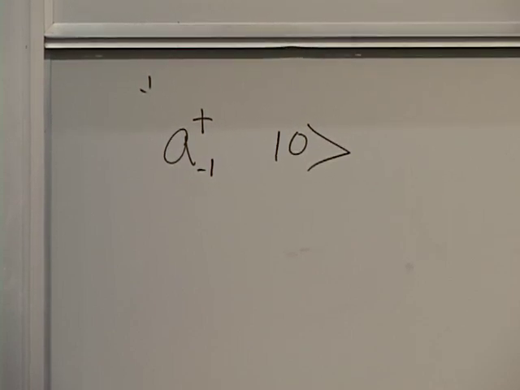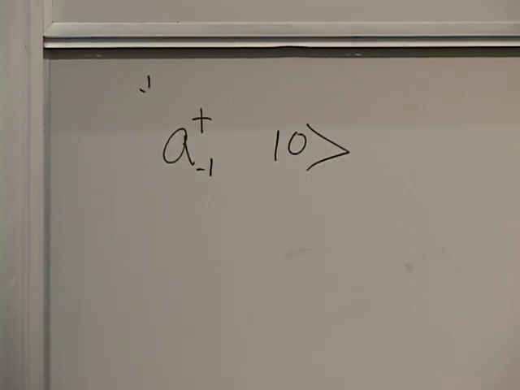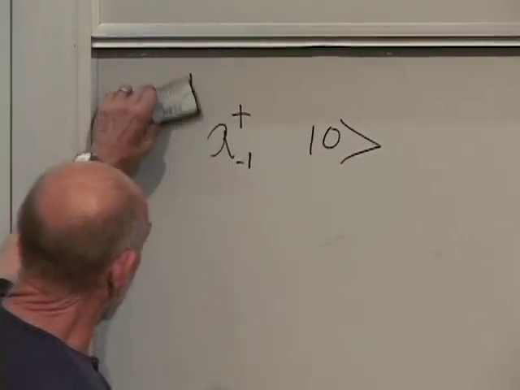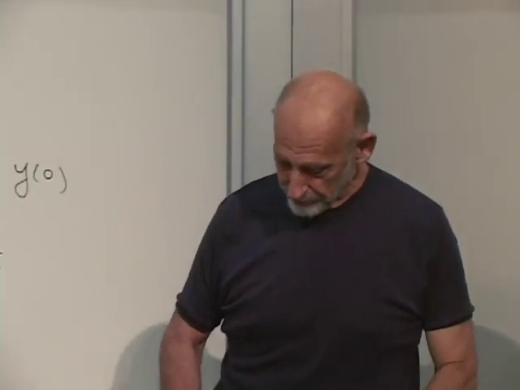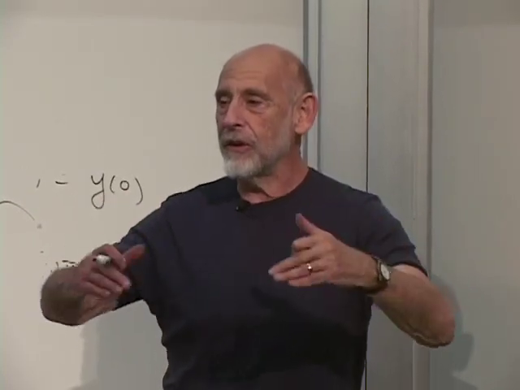Doesn't satisfy the level matching. Same thing with B. Either it has 1 unit of right-moving energy or 1 unit of left-moving energy. So none of these states that we wrote down satisfy the condition that the left-moving energy and the right-moving energy are the same. Not good states.